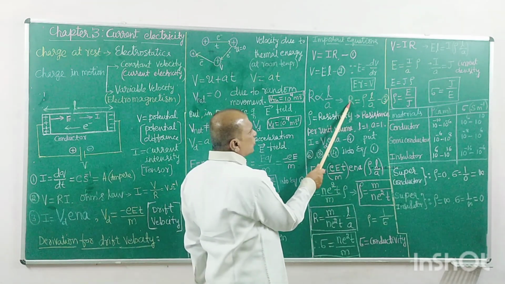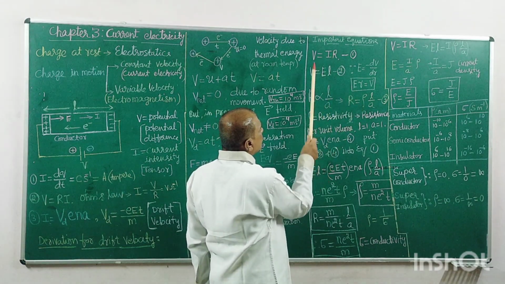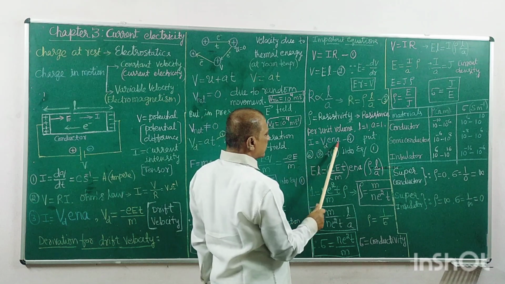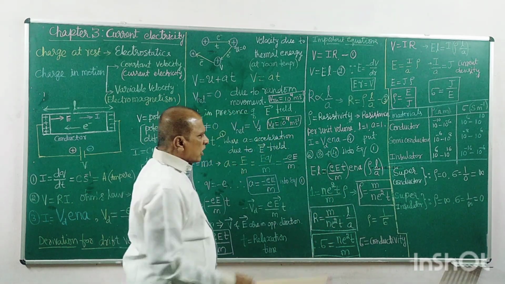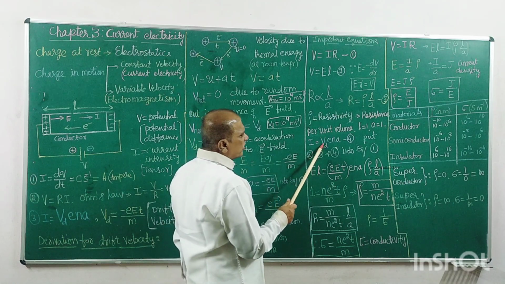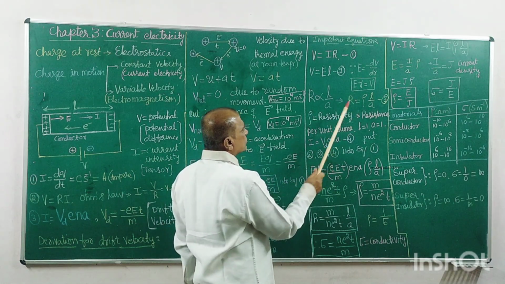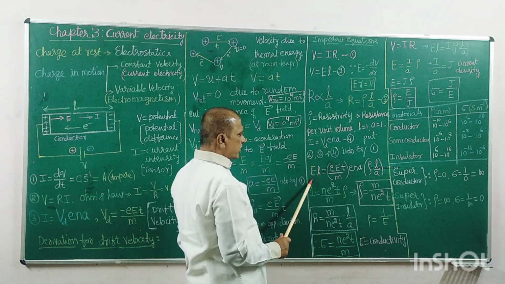So this is one more equation. We can write the equation for R, the equation for E, and the equation for I in terms of drift velocity. Substitute equations 2, 3, 4 into equation 1. Let us see what equation we get.